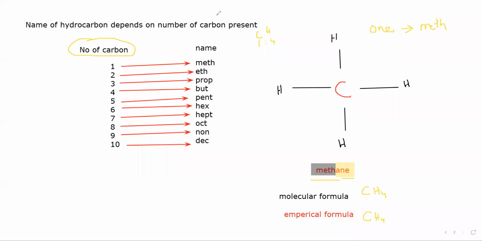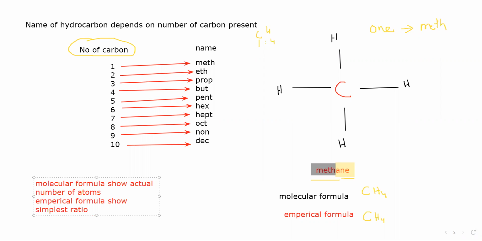The molecular formula represents the actual number of atoms. An empirical formula will show the simplest ratio between the atoms.